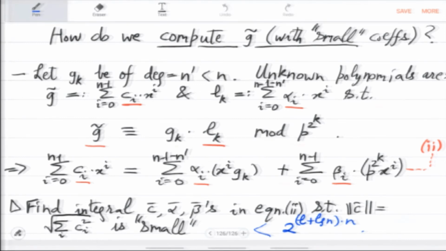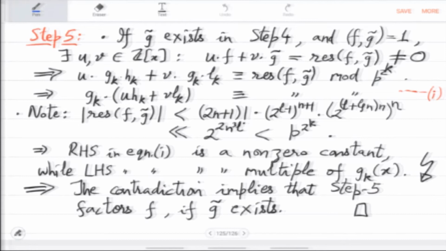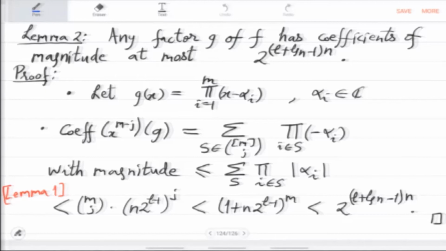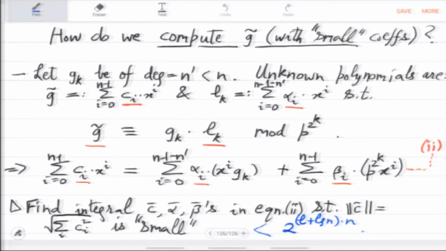If you look at the previous proof, in step 4, if you look at lemma 2, the integral factors' coefficients were of bit size L plus log n minus 1 times n, right. So, each of the Ci is this much, and if you look at the norm of the C bar vector, it is definitely smaller than 2 raised to L plus log n times n. So, this bound. Okay, so that is the question.